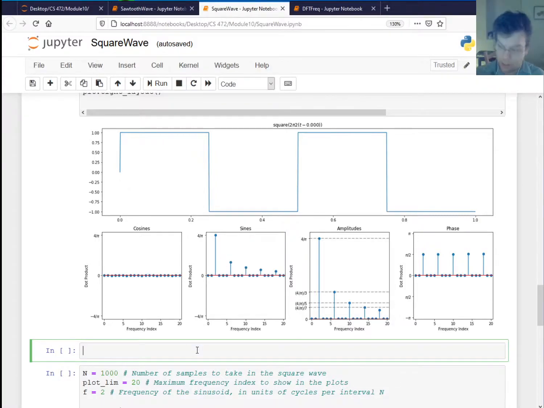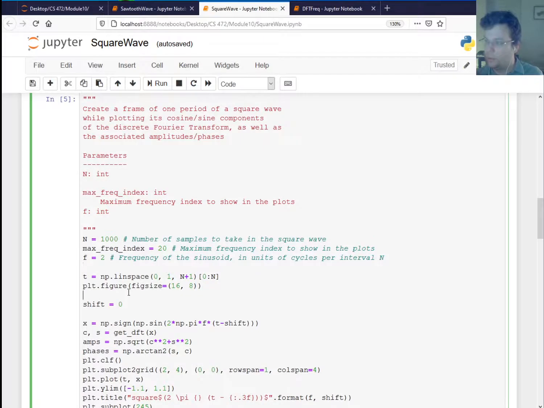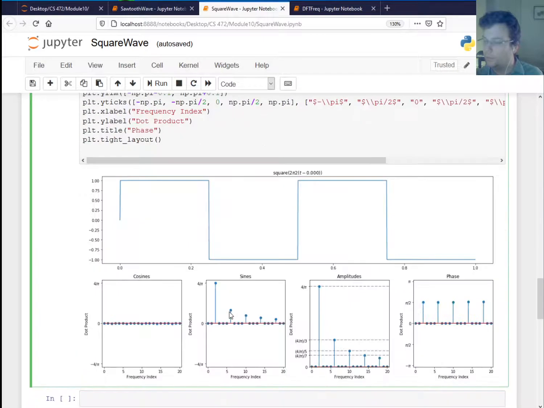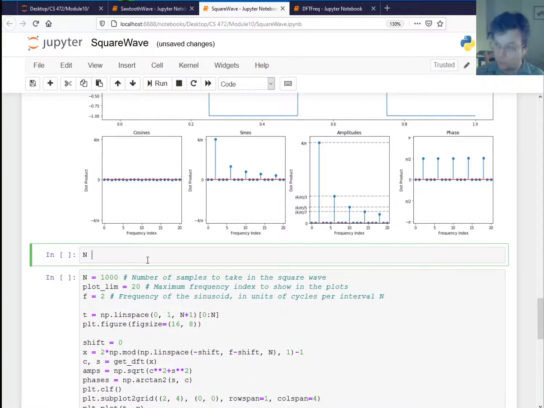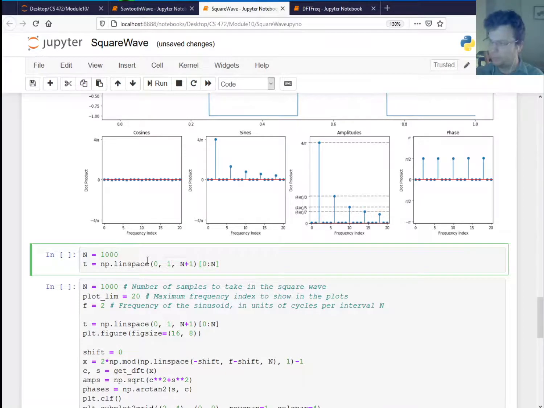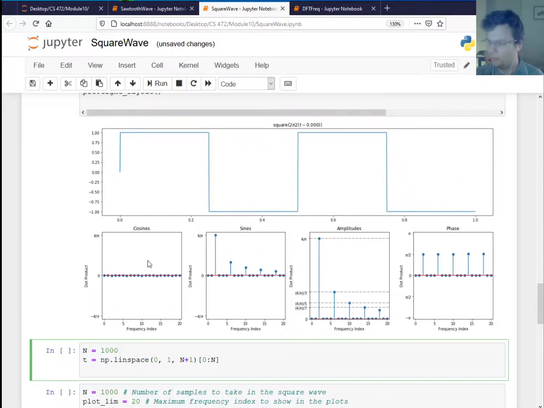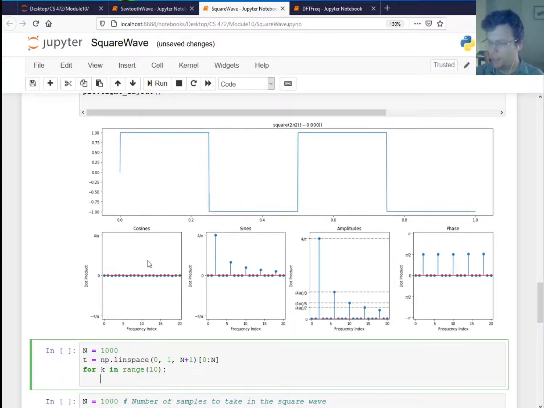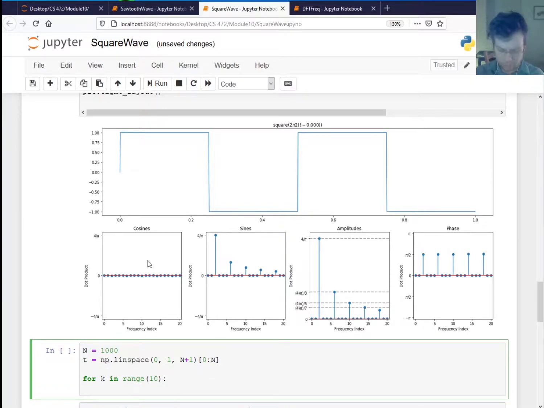So let me try to reconstruct this. I had n equals 1,000 here. So one way I can write it: for k in range 10, I'll say y is equal to np.zeros of n.